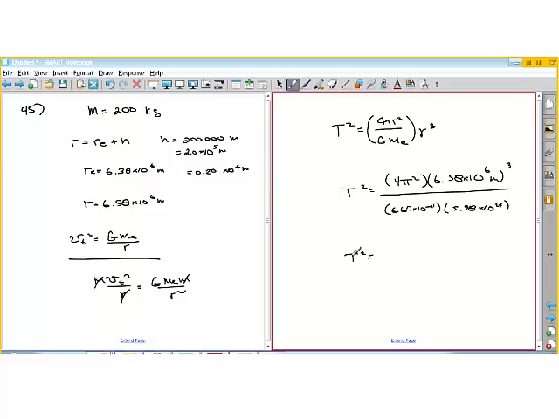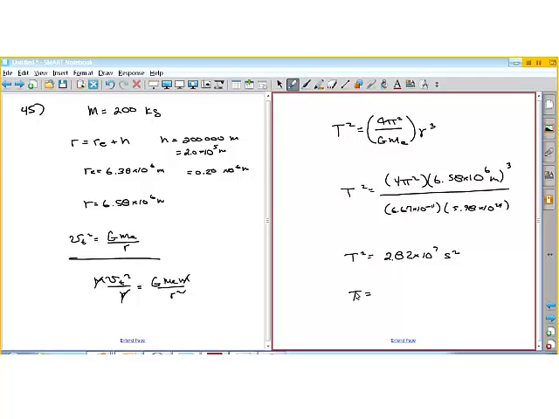Okay, cubed divided by 6.67 e to the negative 11th divided by 5.98 e to the 24th. So I get 2.82 times 10 to the 7, and that's seconds squared.